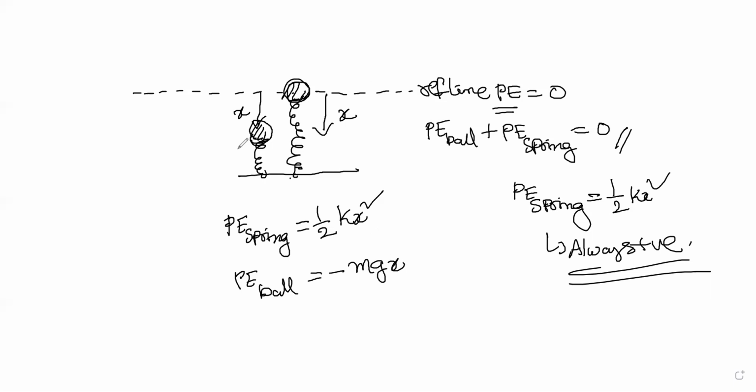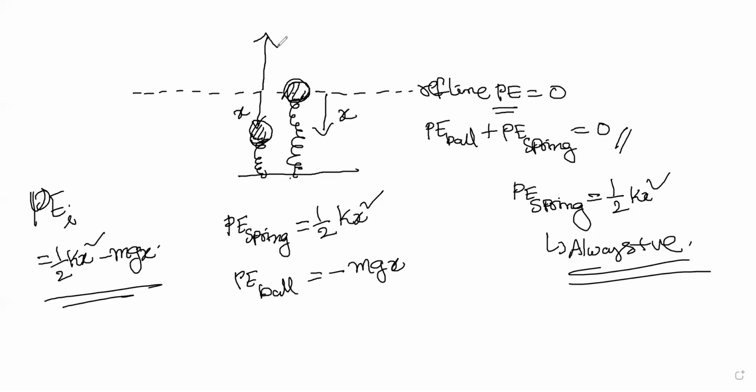When you add up, you get the initial potential energy, the sum of these two. So you get half kx square minus mgx. This is what you get initially. That is equal to this distance.